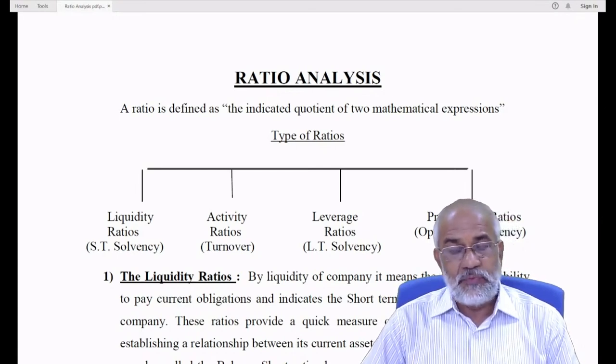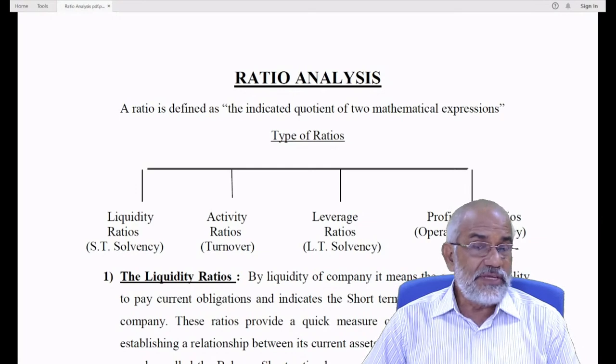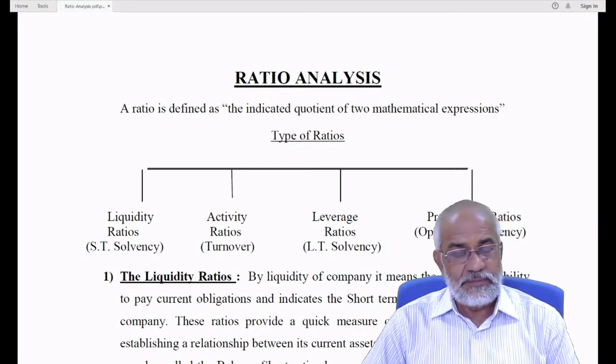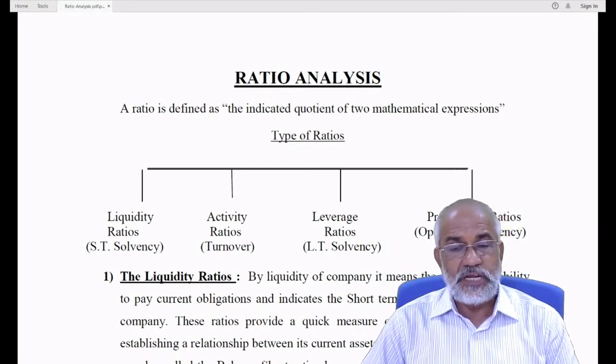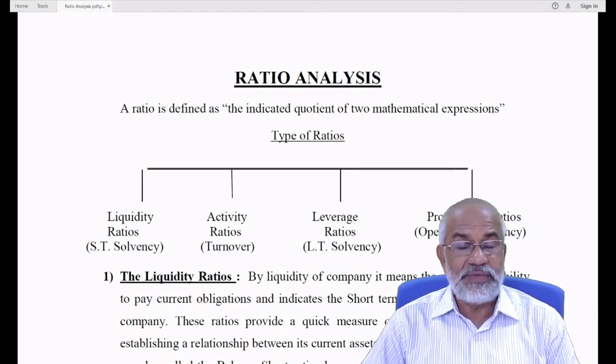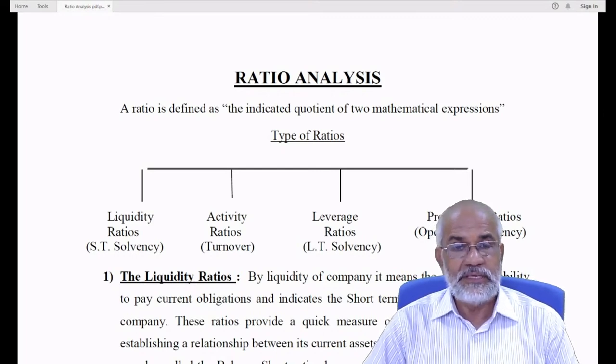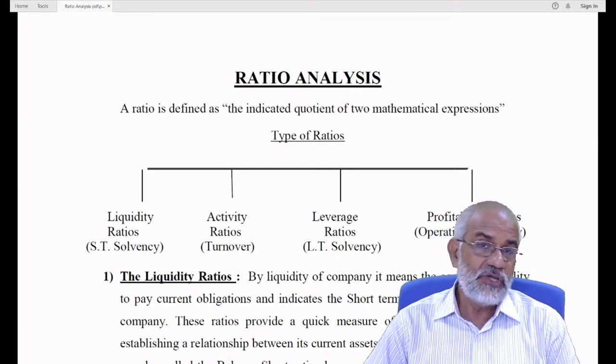It may be inflow from operating sources or outflow from operating sources. The second one is the investing flow of cash. It may also include inflows and outflows. And the third one is the financing flow of cash. Financing flow of cash may also involve inflows and outflows.